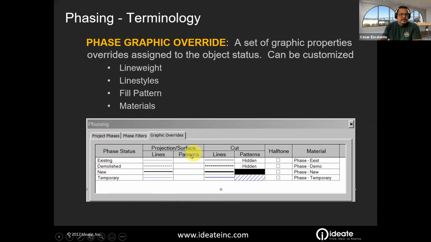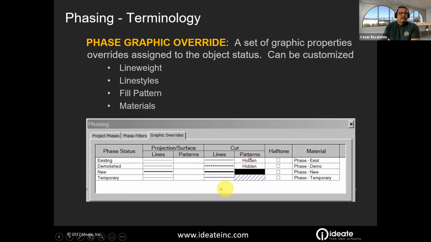For practical effect, you're probably familiar with the representation of existing objects as grayscale objects, right? Every document represents existing objects as gray objects. Some people like to apply a pattern to existing walls. You can apply a gray pattern override if needed.